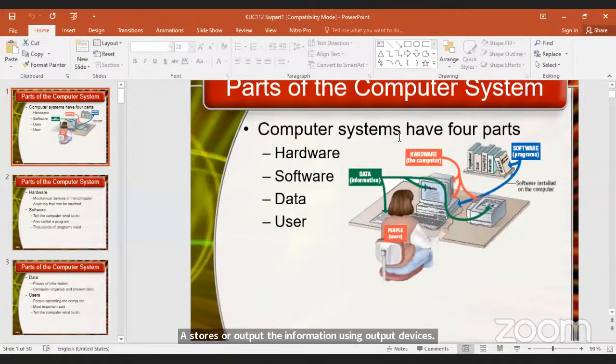Apart from that, we know a computer cannot operate without a user. So we need someone behind a computer system who controls or directs the computer on what to do. So those are some of the elements of a computer system.